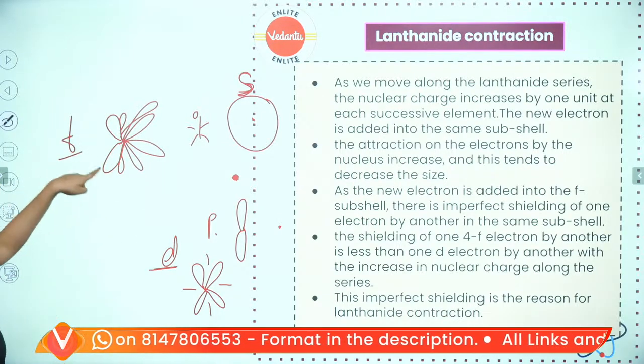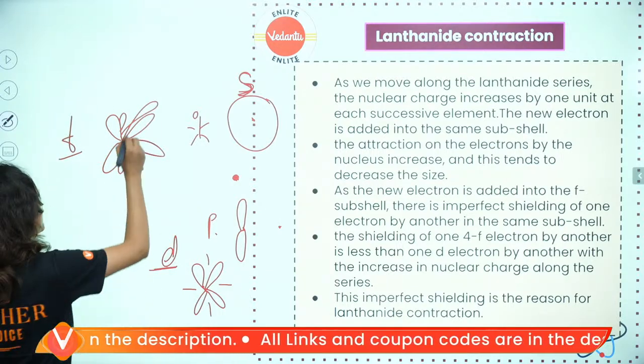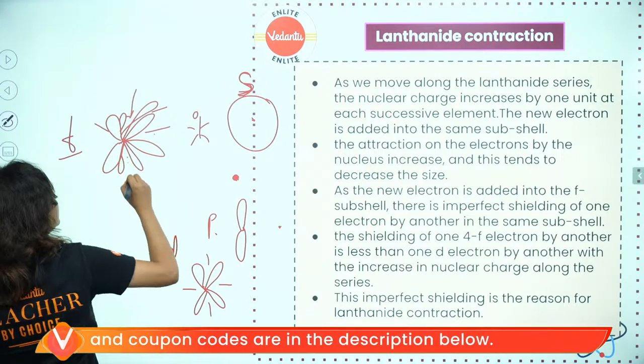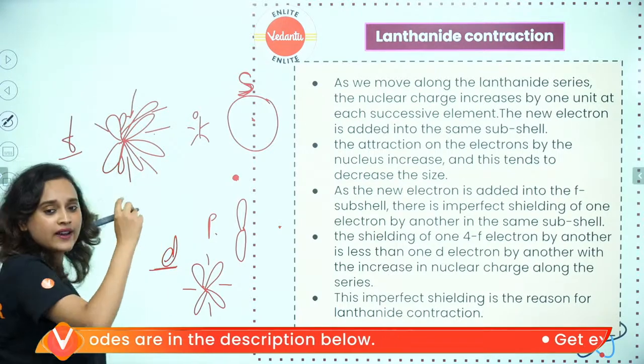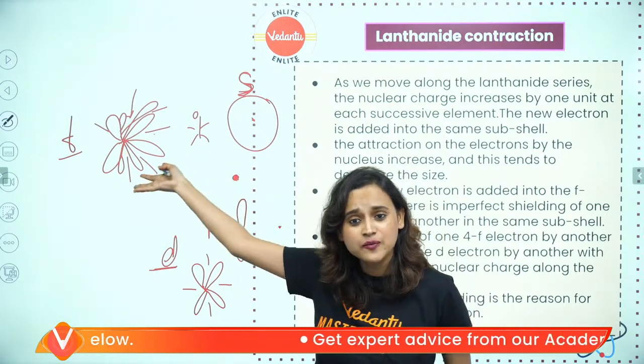So how much space do you have? This is not exactly like this, but kind of like this only. So you have space here, here, here, everywhere. There is space, right? So even lesser shielding effect in F.